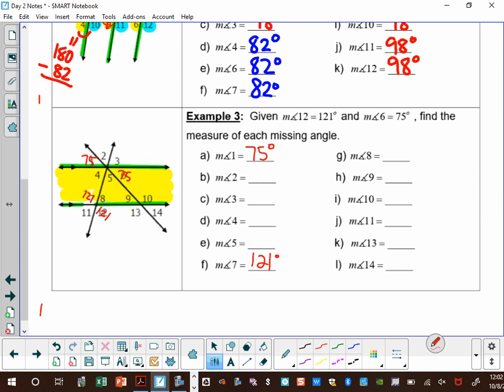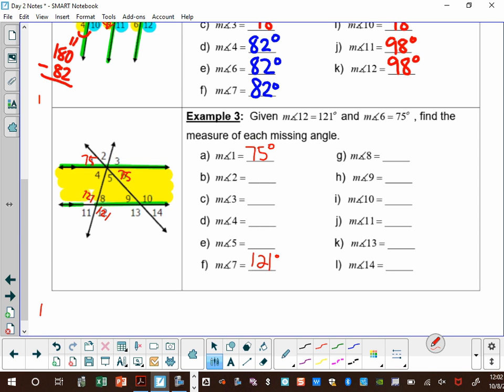Now I'm going to look for my linear pairs. Linear pairs are the ones that are side by side that add up to 180. So let's look at angle 8. If angle 7 is 121, how can I figure out angle 8, or angle 11, either one?